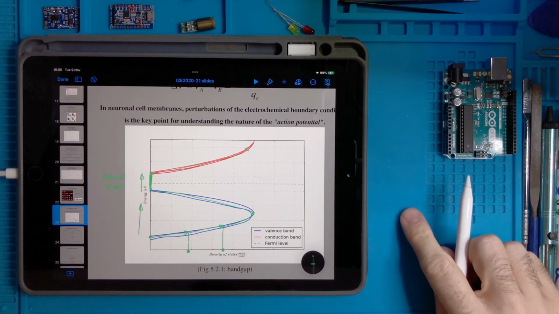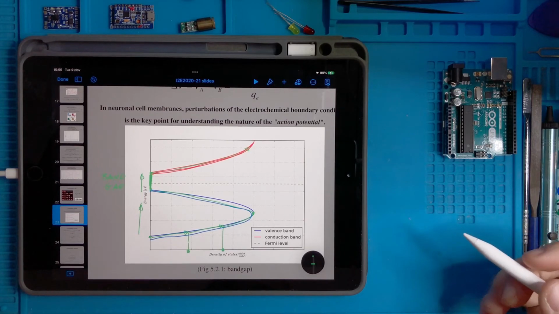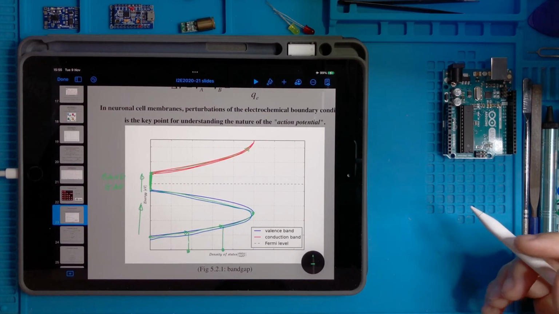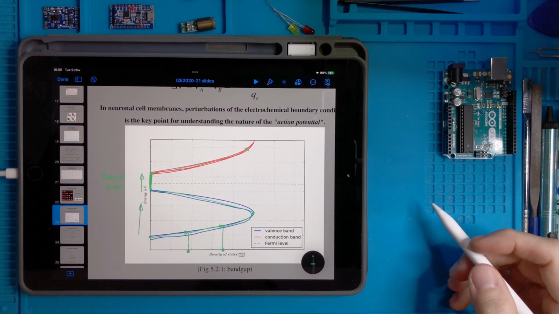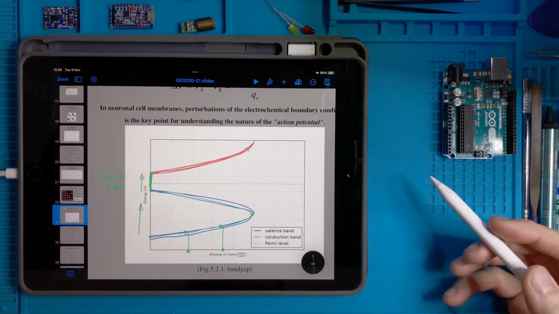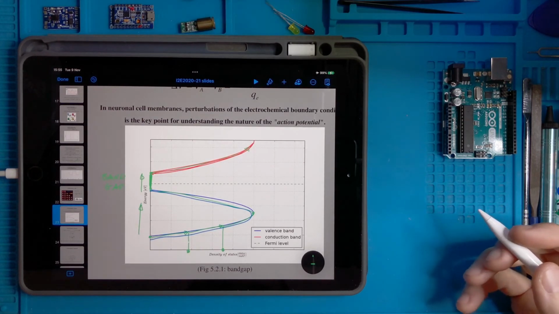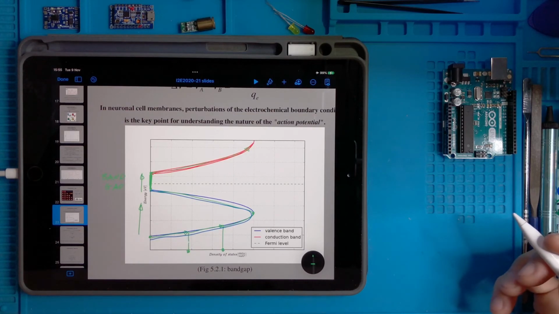And for metals, this means that those electrons are very easy to move. And we say that metals conduct electricity very well. So they are very good conductors. When we speak about metals in electronics, we will basically speak only about copper.